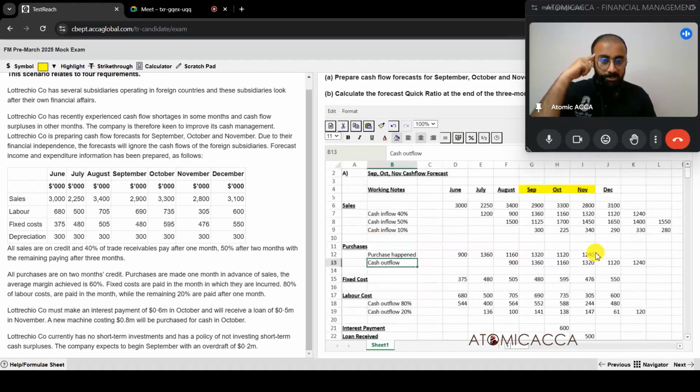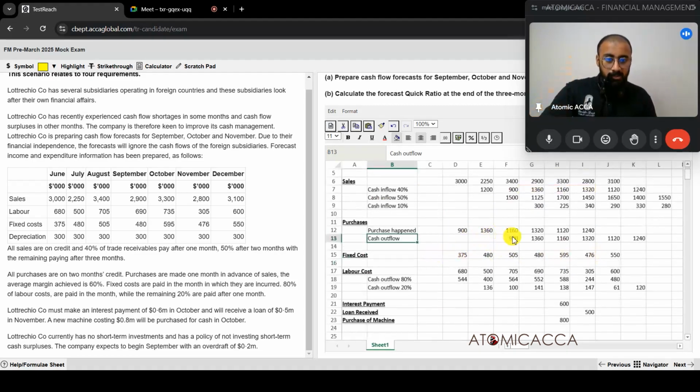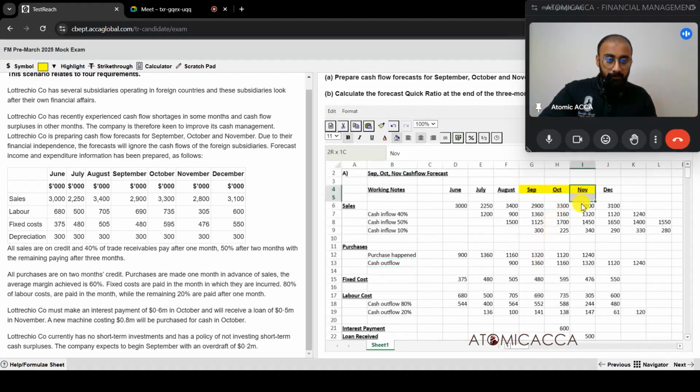First is about purchases. What was the purchase information? It was just that payments are made 2 months later. So standing at November's point of view, this is the cash flow we are getting, but these are the payments that are pending. We made the purchase in October, but we are paying in December, so that is a payable over here. How about September? September is paid by November, so that is no more a payable. But 1120 is a payable, 1240 is also a payable.